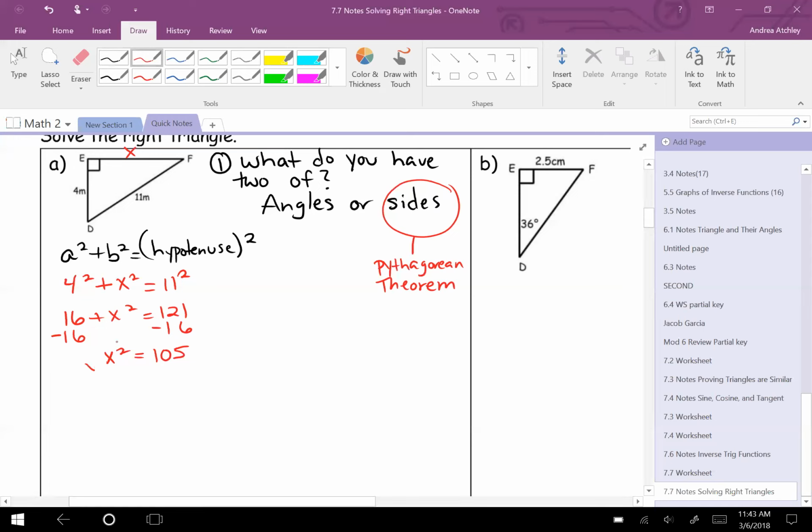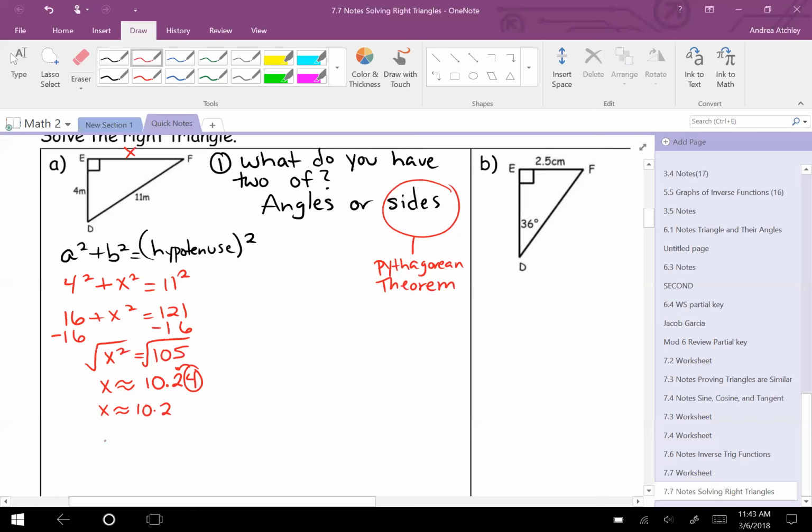You square root both sides, and you're going to get x is about, I'm going to round to the nearest tenth, so 10.24. Does the 4 make the 2 move up or stay there? Stay. So x is about 10.2.